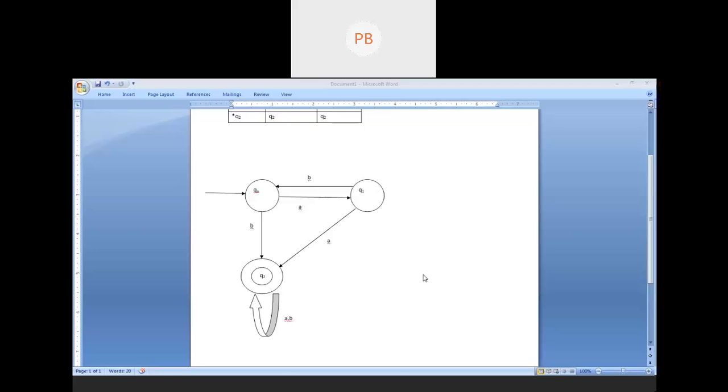Number one, for each state in capital Q, there is a node represented by a circle.